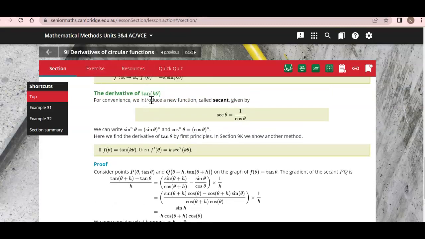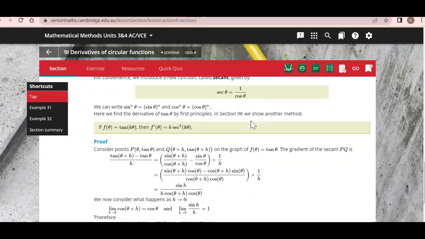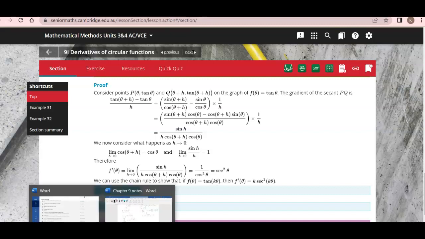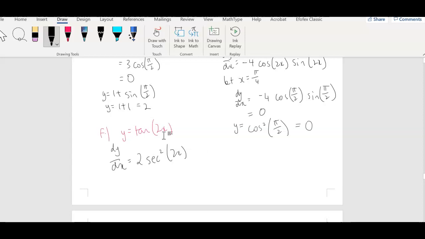So you can see just in the first green box, we've got sec theta equals 1 over cos theta. And if we keep going down, you can see the proof of the derivative of tan. But just before we look at example 31, you've got 1 over cos squared theta is equal to sec squared theta. So when you're doing your exact values, it's probably a good idea to see that as cos squared theta or cos squared 2x, because when we're substituting it in, you're more familiar with the exact values of sine, cos and tan as opposed to sec or the secant.